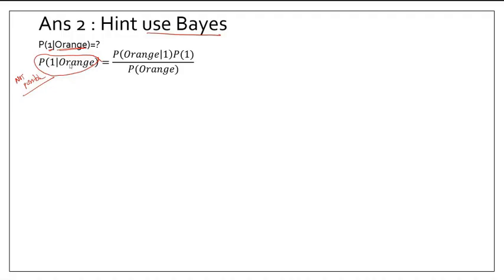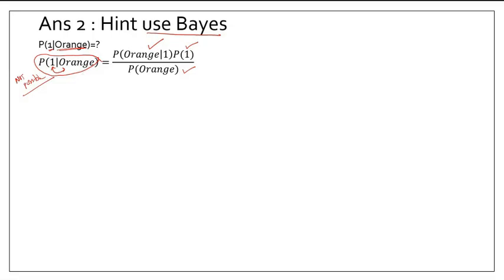So what we can do is use Bayes rule where these two quantities are flipped. So now you see here, probability of orange given container 1, right? I can calculate this. Probability of container 1 I know, probability of orange I know. Then I can calculate the probability of 1 given orange. So this is the beauty of Bayes.